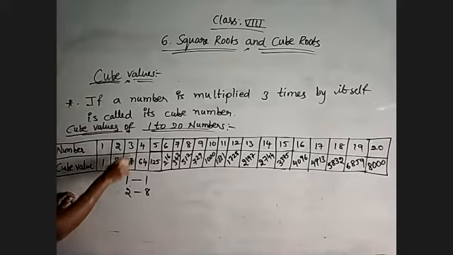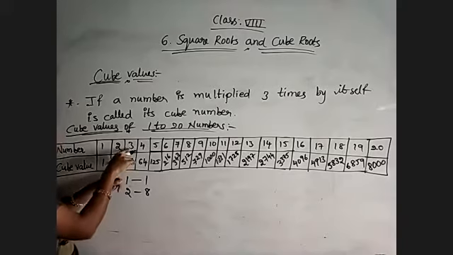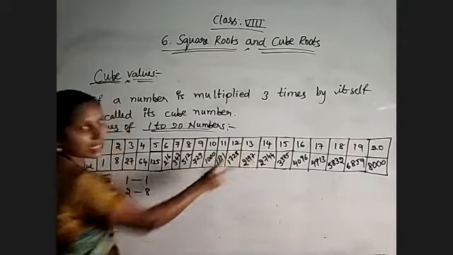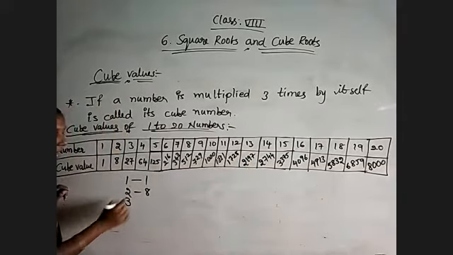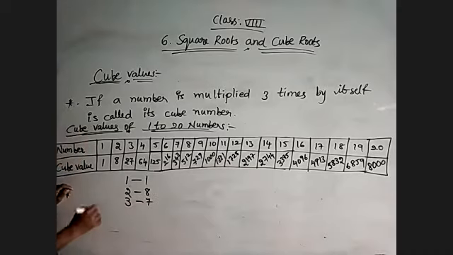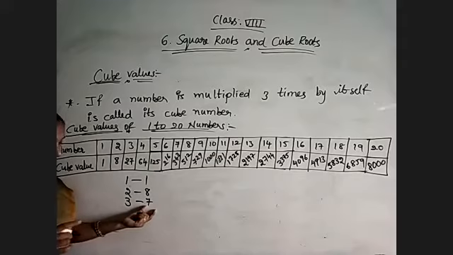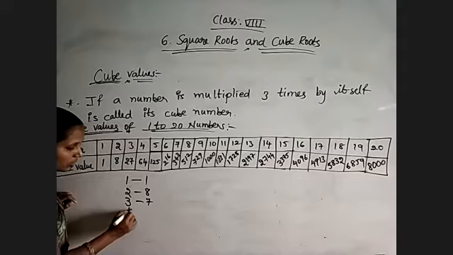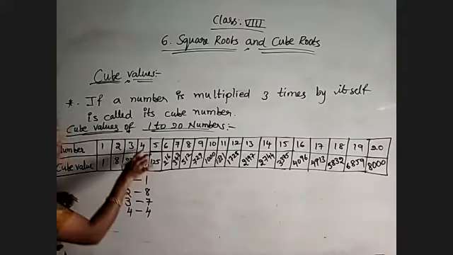And coming to 3, we are getting 7. So 13 has unit digit 3, and its cube has unit digit 7. Means if the number has 3 in the unit place, then the unit digit in its cube is 7. Next, 4: 4 only we will get. Observe, 4 cube is 64, 14 cube has unit digit 4 only.